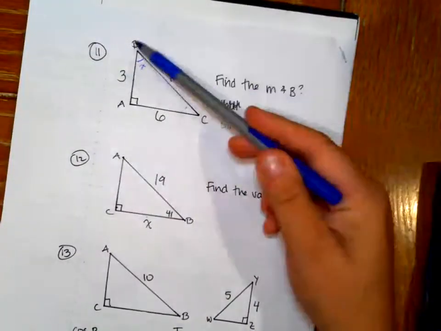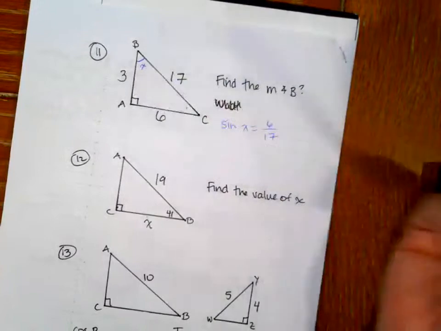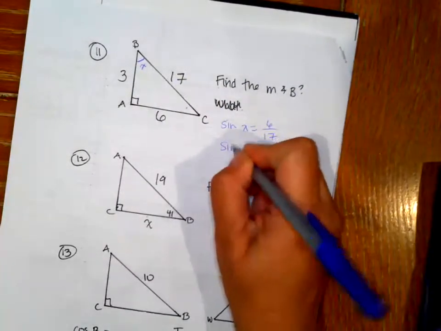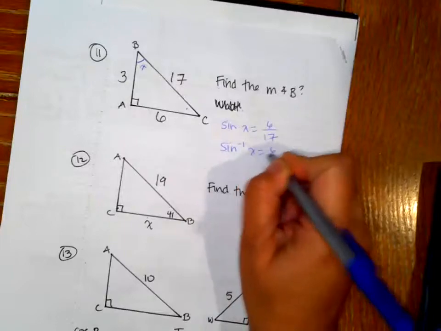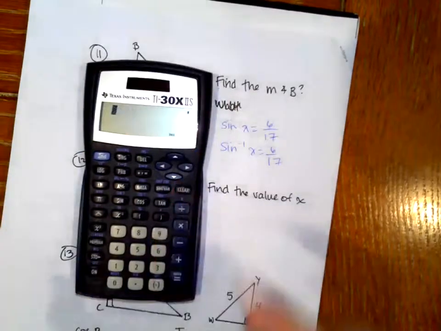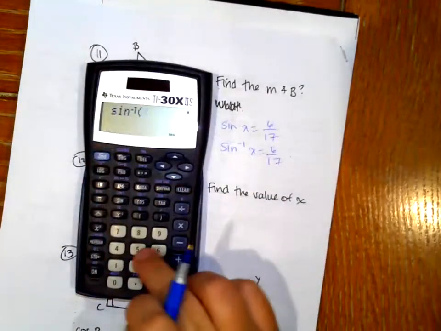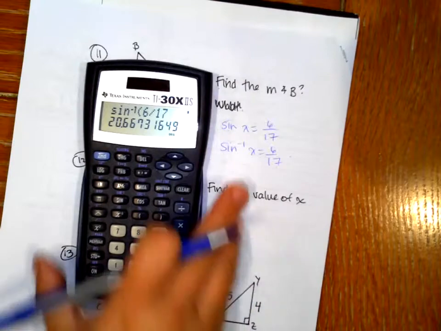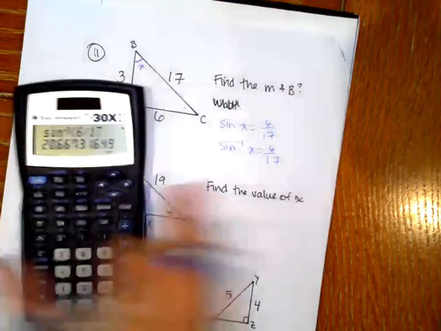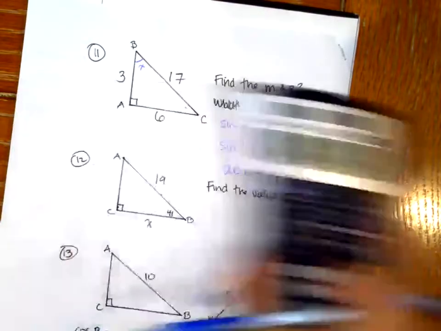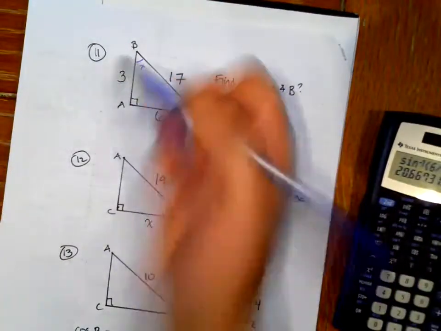If you wanted to do cosine, if you wanted to do tangent, it doesn't matter. Because I'm finding an angle, I need inverse sine. You got a calculator? Inverse sine, 6 divided by 17. And that gets me 20.67. And what did I just find? I just found the degrees of that angle right there.